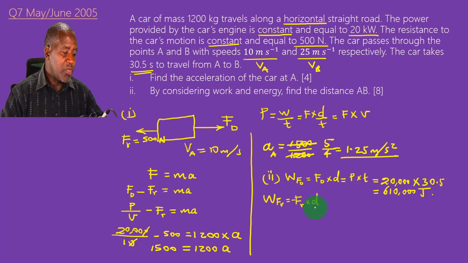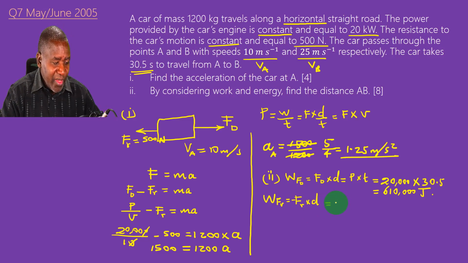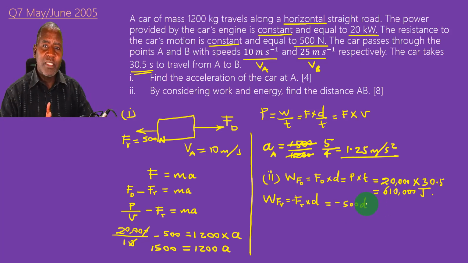For me to use this equation, the friction must be constant. Was it constant? Yes. The resistance to the motion is constant and equal to 500. So it provides me with an opportunity to use 500 times D, joules. That is the second component.